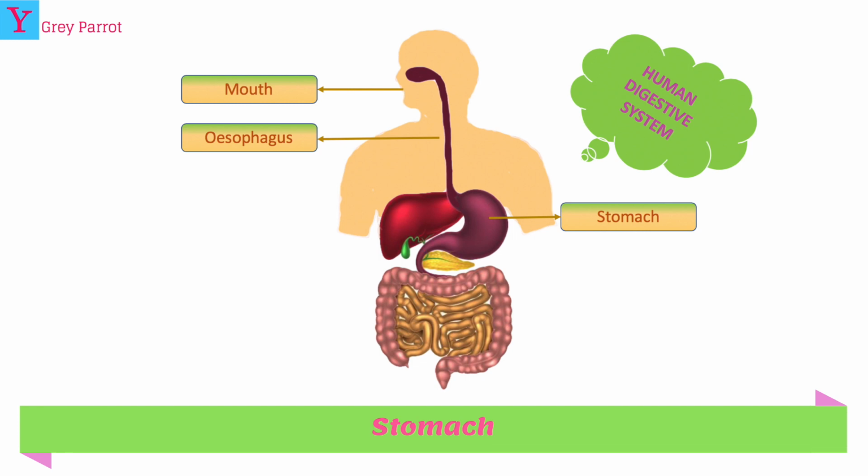Pepsin will break down the proteins in our food, and hydrochloric acid will kill the bacteria from the food.